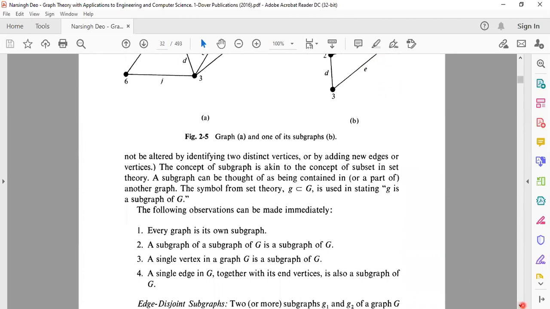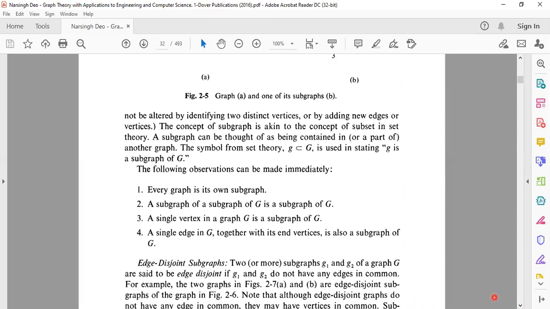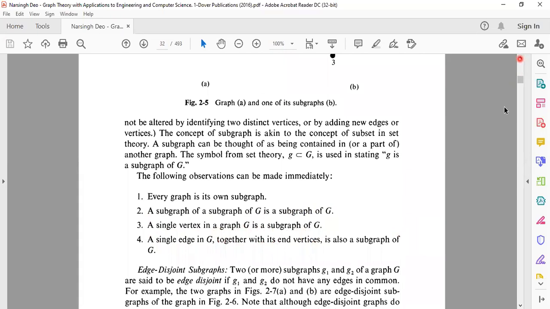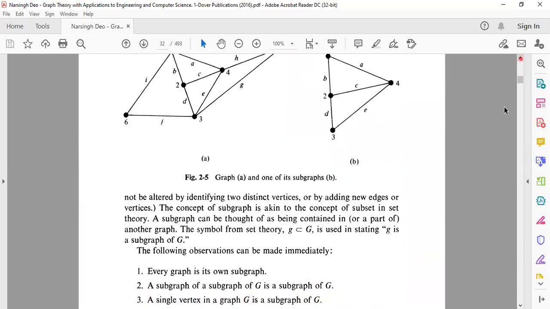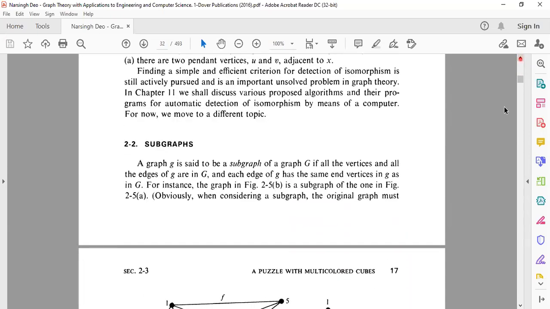The following observations are very important with respect to the study of subgraphs of a given graph. Every graph is its own subgraph. A subgraph of a subgraph of G is a subgraph of G. A single vertex in a graph capital G is a subgraph of G, and a single edge in G together with its end vertices is also a subgraph of G. And how do we identify the subgraphs? That is important.